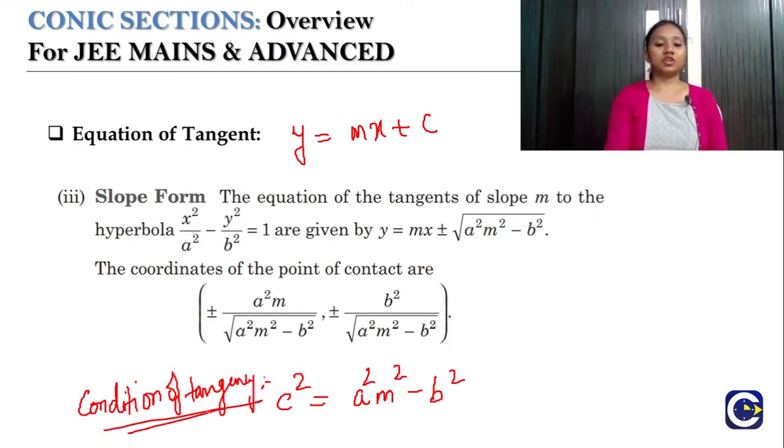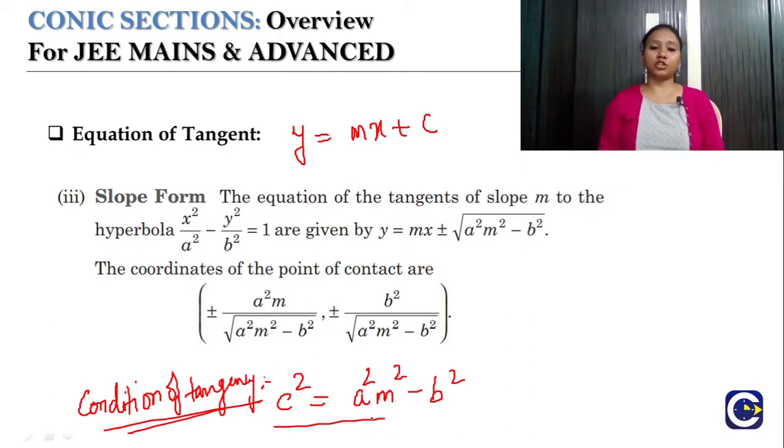My condition of tangency here is c square is equal to a square m square minus b square. In order for y equal to mx plus c to represent the equation of tangent, it must satisfy this condition. We can even have the coordinates of the point of contact, which are given here: plus or minus a square m by root over a square m square minus b square, and then the y coordinate is also given here.